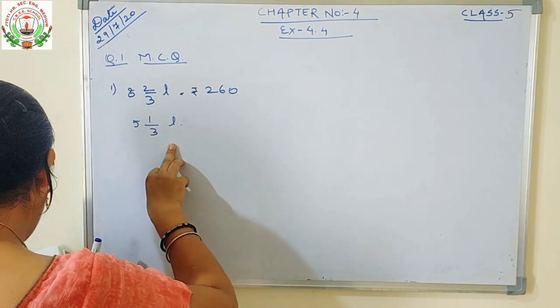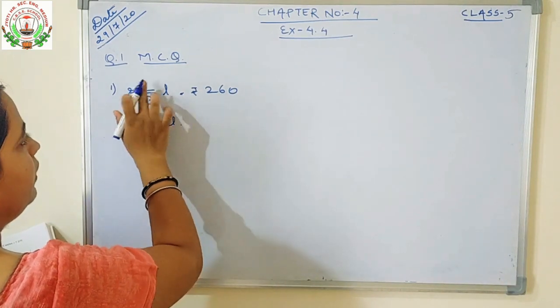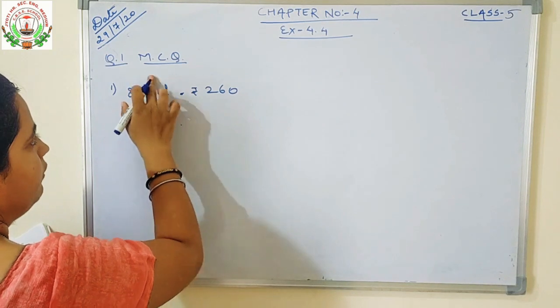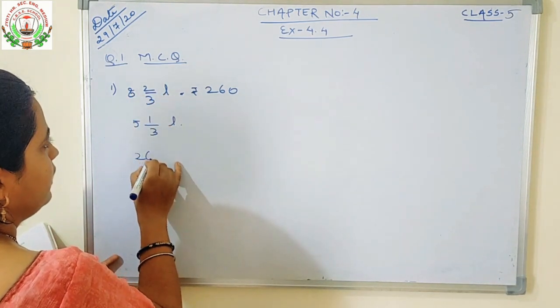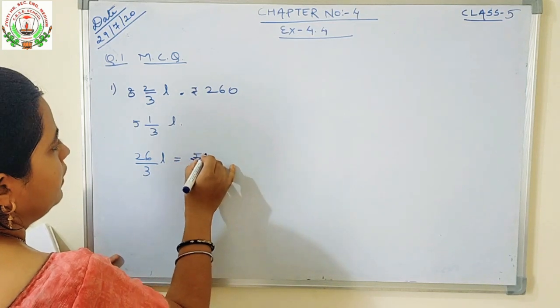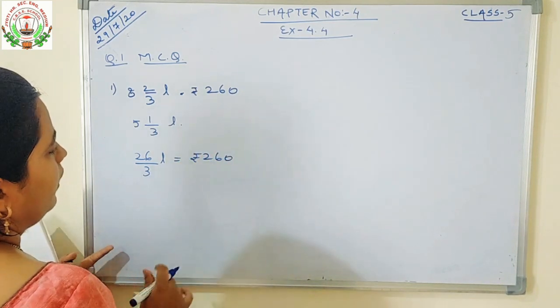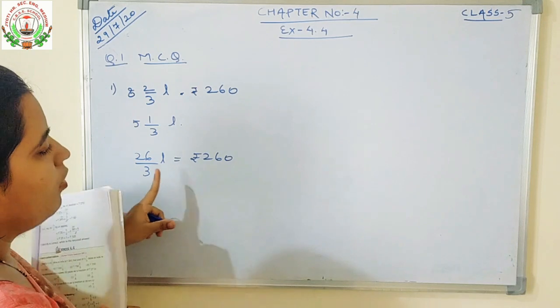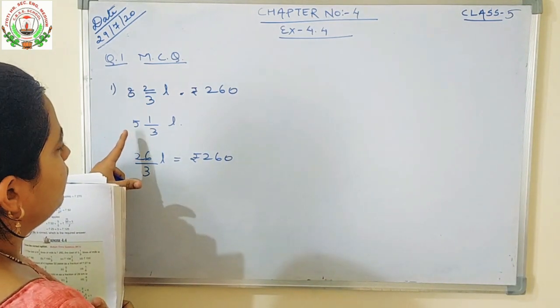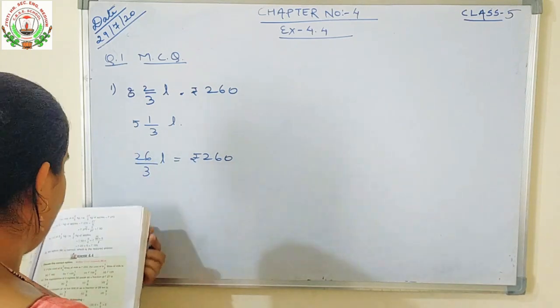So how will we find? First we will convert this fraction. Okay, 8 3s are 24, 24 plus 2 is 26 upon 3 liter is equal to rupees 260.